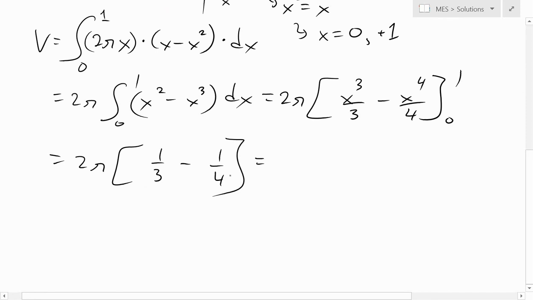For 1 over 3 minus 1 over 4, use a common denominator: multiply the top and bottom by 4, and the other by 3, so we get 4 minus 3. So 2 pi, 4 minus 3 over 12. This will cancel, the numerator is just 1, so we're left with pi over 6.